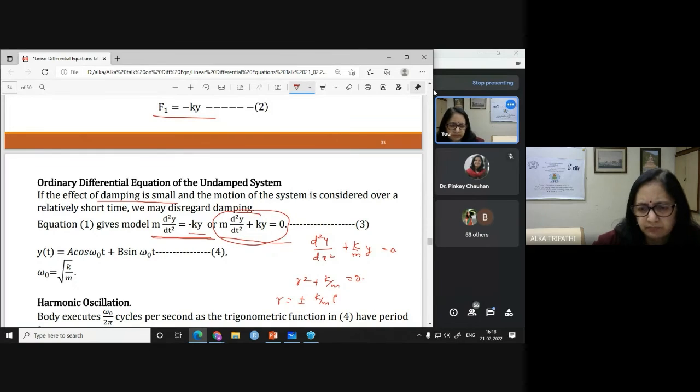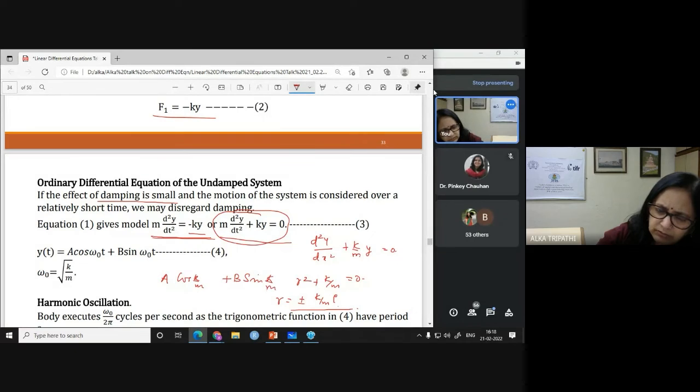Is this correct? Since r is equal to plus minus root k by m i, I can write my solution as y of t equal to a cos root k by m t plus b sin root k by m t.